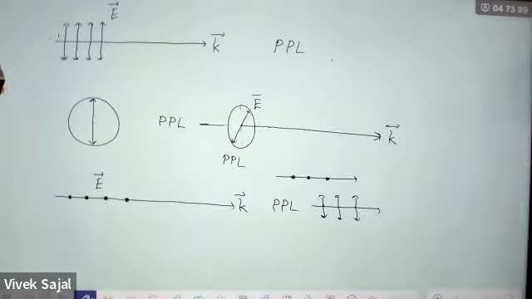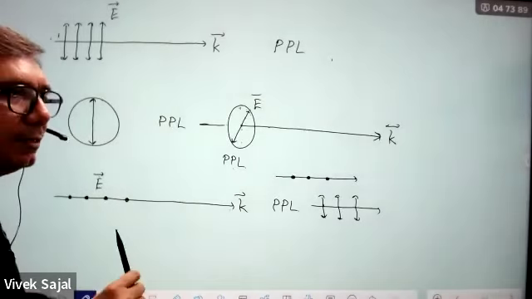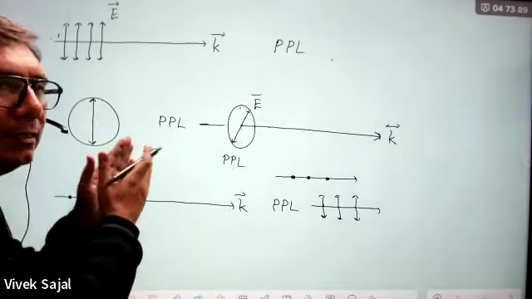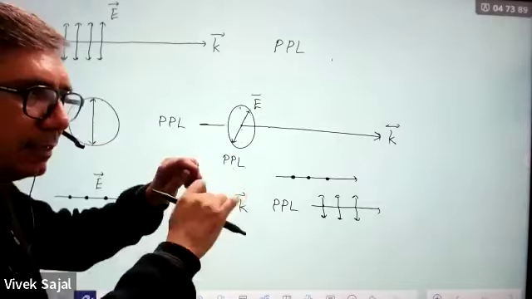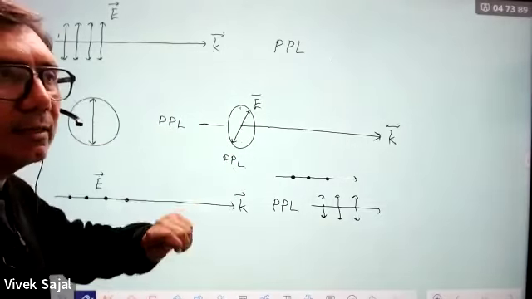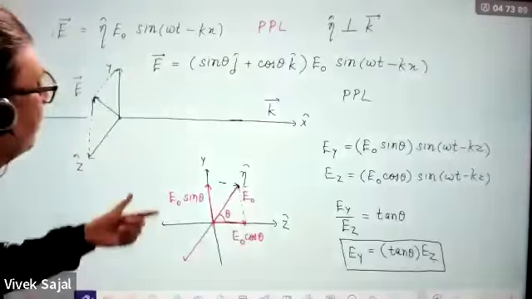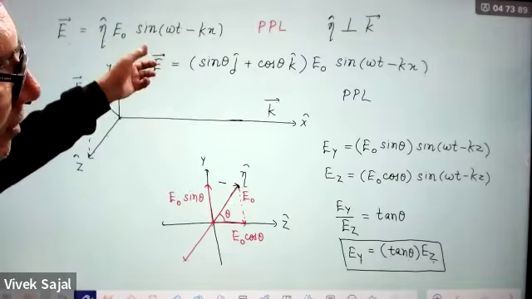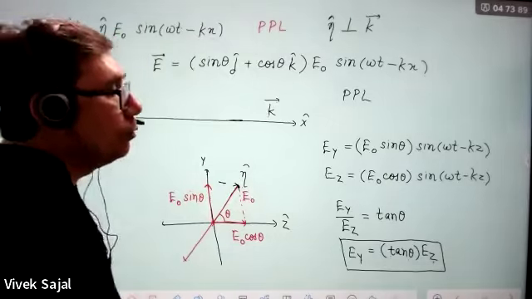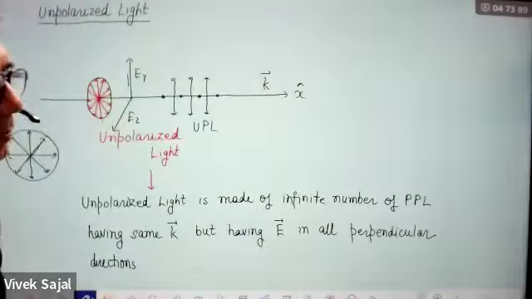Here I'm just telling you how I'm resolving a single electric vector into two components. Later on, when so many electric vectors are there, we have resolved all these electric vectors in two mutually perpendicular directions, like whatever we have done with one electric component. We have done the same thing and found two plane polarized lights.